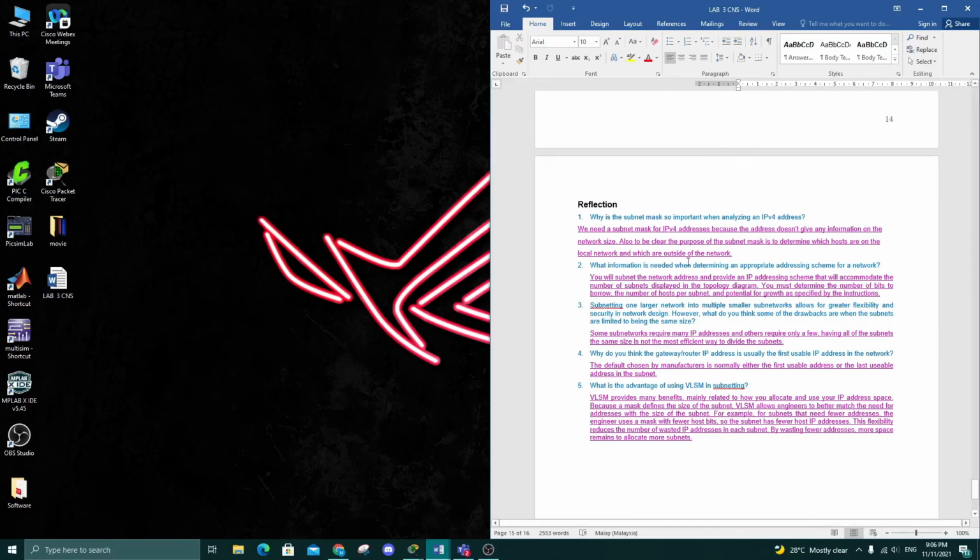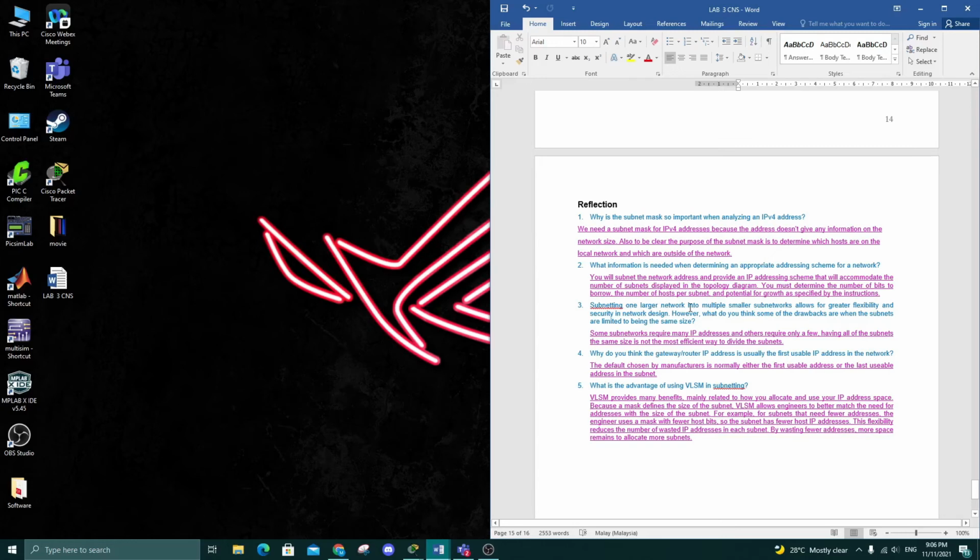Second, what information is needed when determining an appropriate addressing scheme for a network? The answer is you will subnet the network address and provide an IP addressing scheme that will accommodate the number of subnets displayed in the topology diagram. You must determine the number of bits to borrow, the number of hosts per subnet, and potential for growth as specified by the instruction.